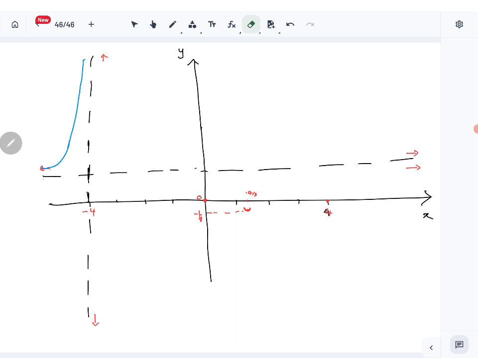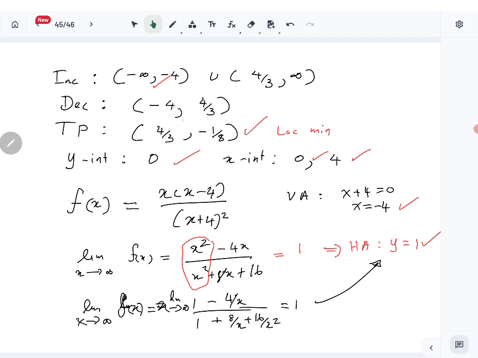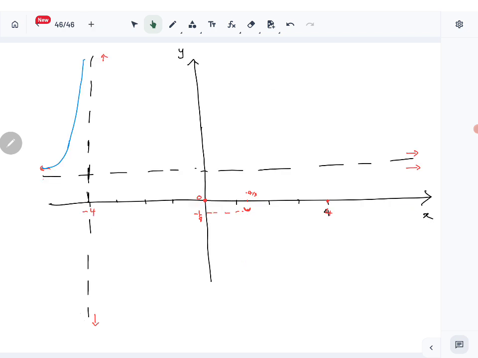Now the next section is from minus 4 to where? Minus 4 to 4 over 3, this one. So from this asymptote up to here, 4 over 3, right? So what is happening in that section? That is decreasing, minus 4 to 4 over 3 decreasing, and you have to go through 0 also.